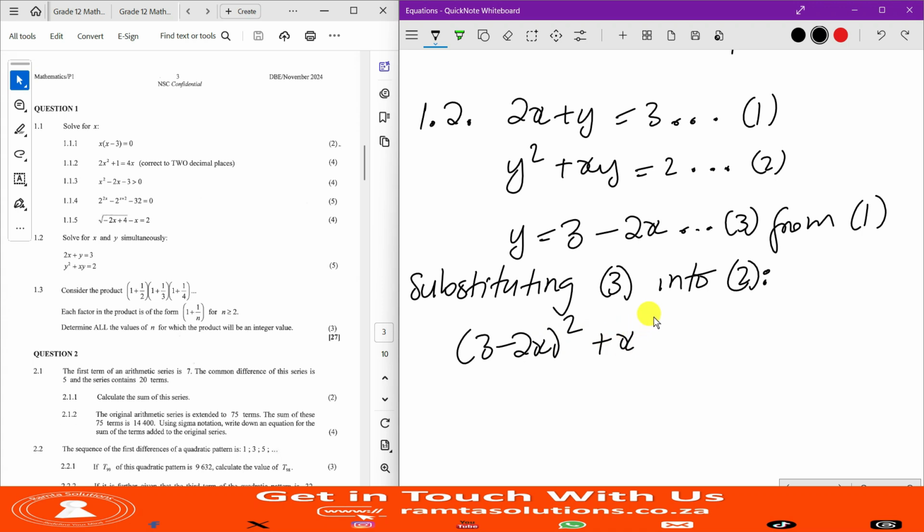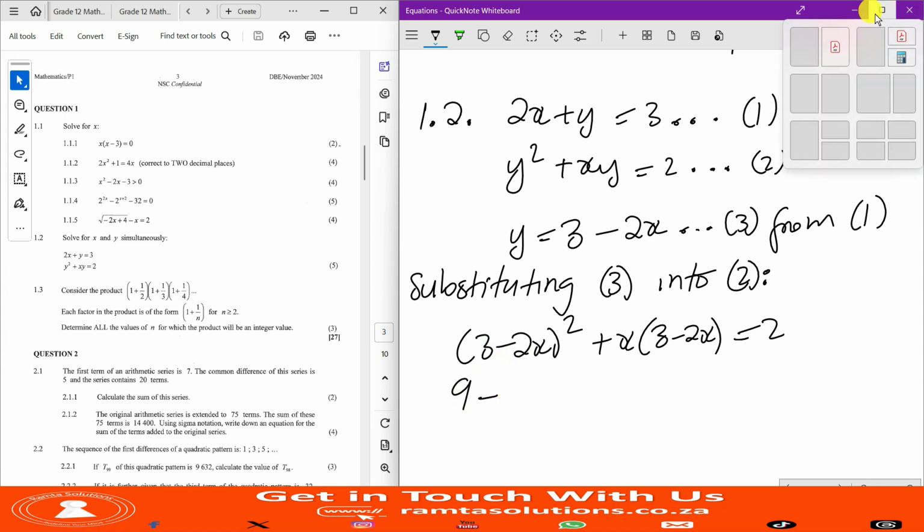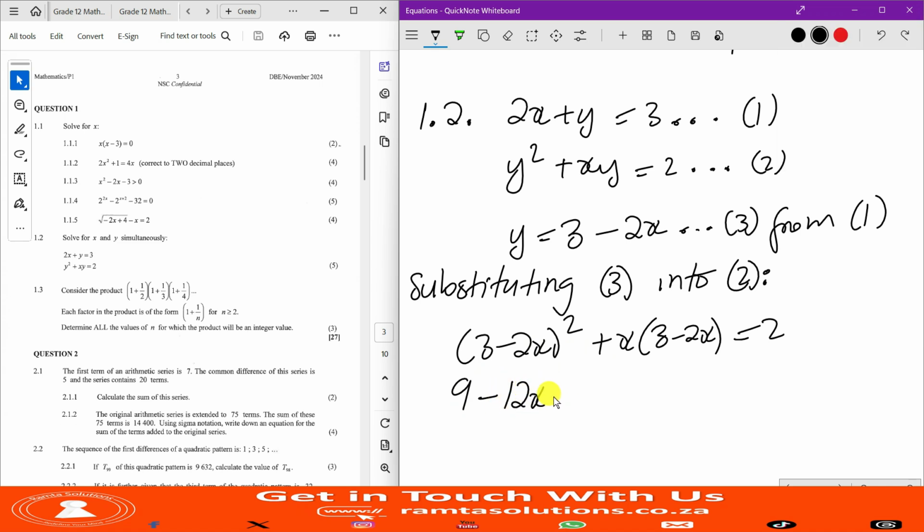Great. So this is 9 minus 12x plus 4x squared plus 3x minus 2x squared equals 2.